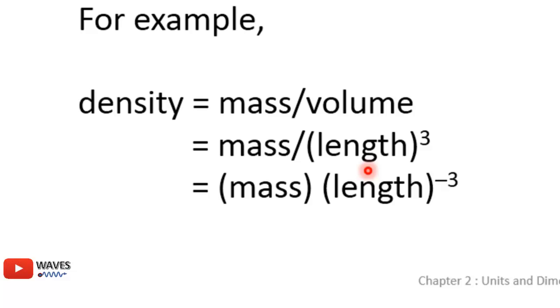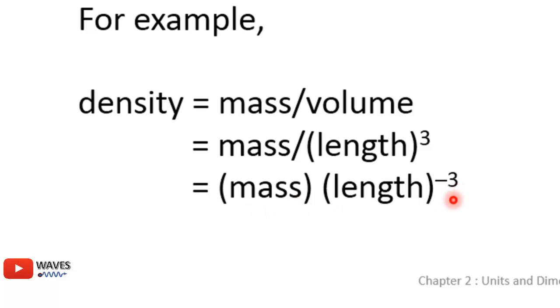If we consider any other shape, for example a sphere, the volume has something to do with the radius cubed. So we have a cube of a quantity which has a measurement of length. So it's mass divided by length cubed, or we can say mass times length to the power minus 3.